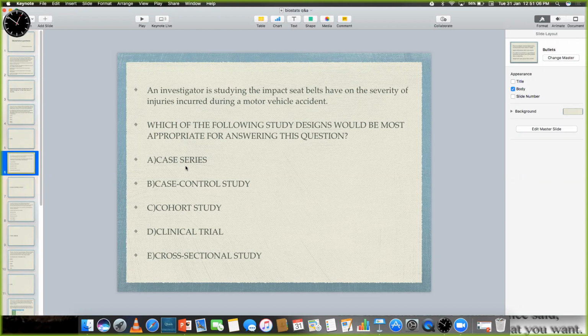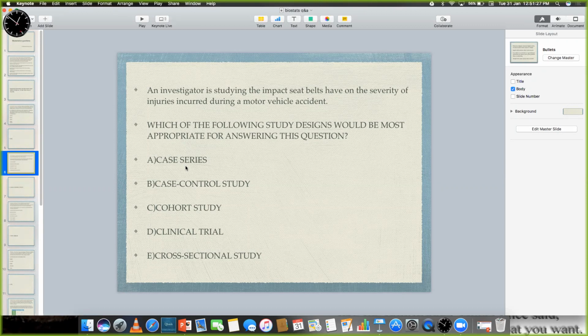Answers? Yes, it's case control study because he wanted to evaluate the impact seatbelts have on the severity of injuries occurred during a motor vehicle accident.